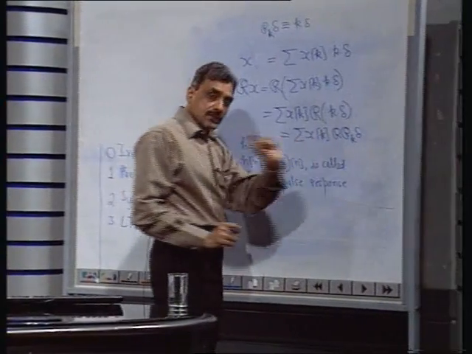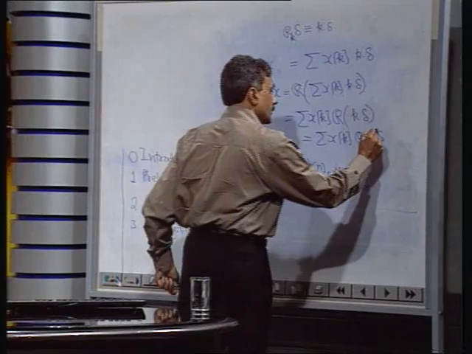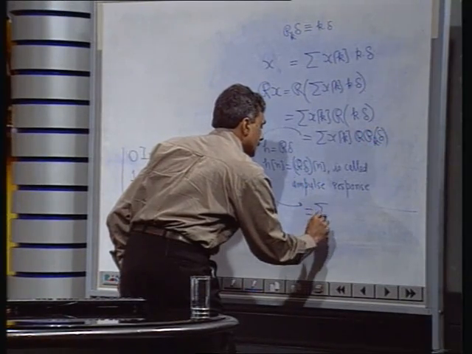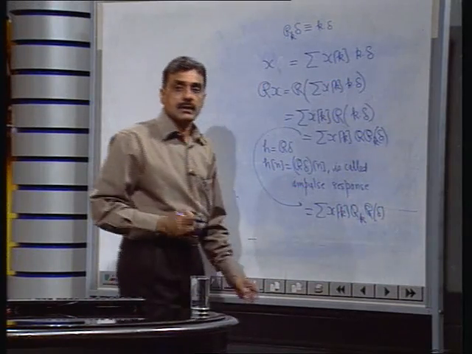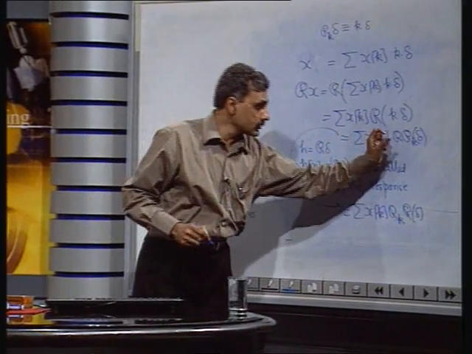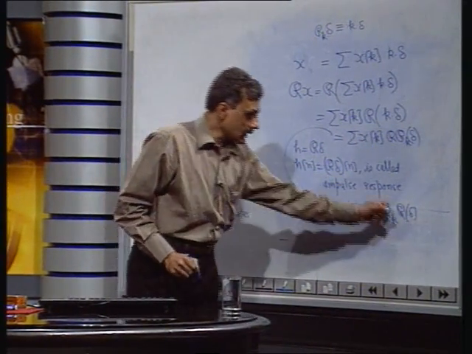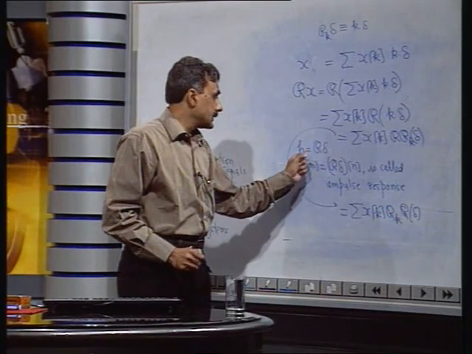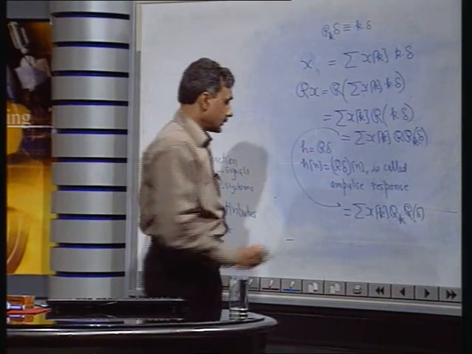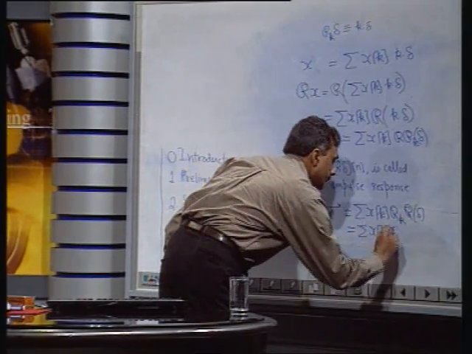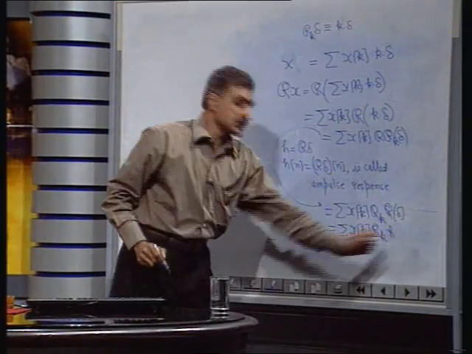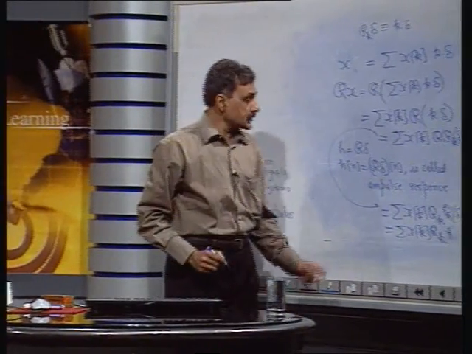So R k is the same thing as k R operating on delta. I can write this as x k, because the system is time invariant, I can swap the roles of these two, but R delta as we have defined is nothing but h, right. So this can be written as summation, and this is nothing but h.